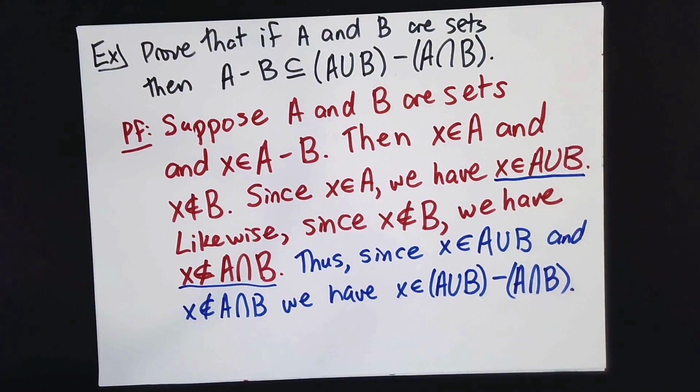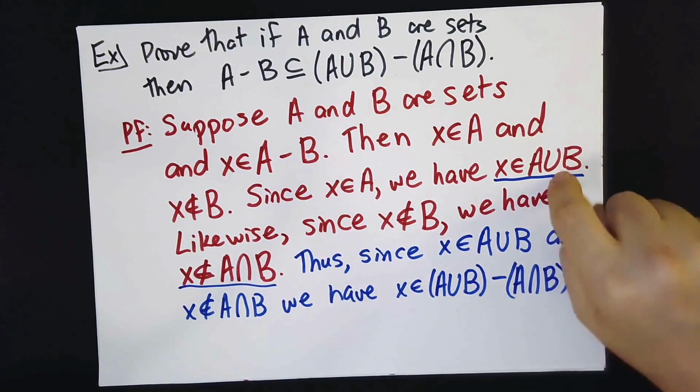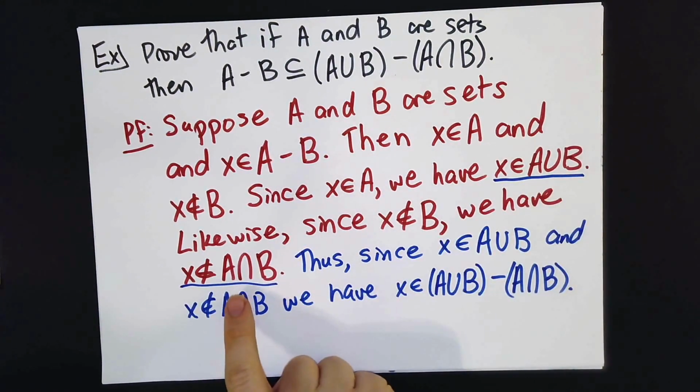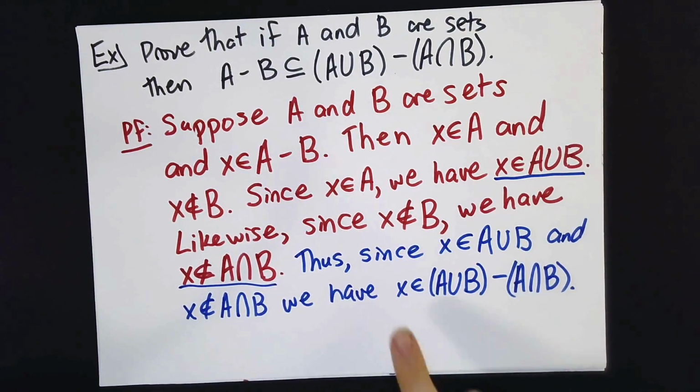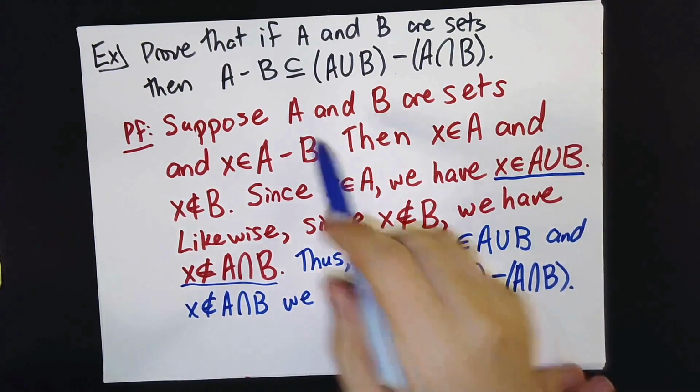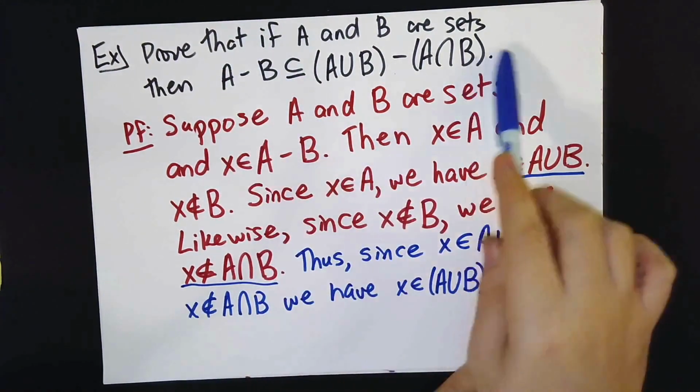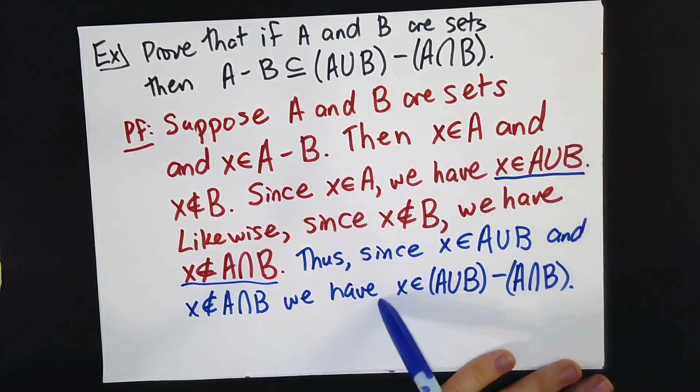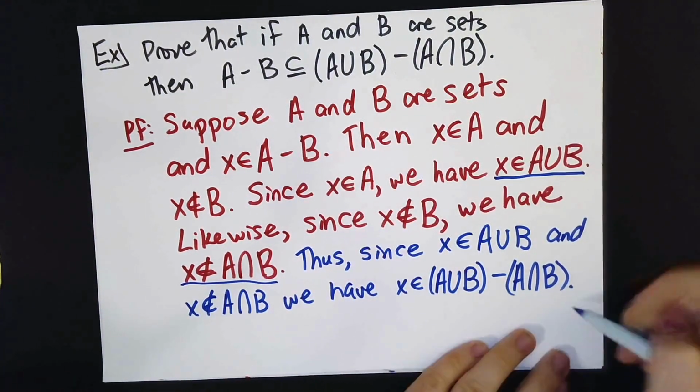Thus, putting those two pieces together, since x is in A union B and x is not in A intersect B, that is exactly the definition of saying x is in (A union B) minus (A intersect B). And if you remember that we were trying to show an if-then statement, where the if was that x was in here, and the then was that x was in here, we got to the then, and we're done.